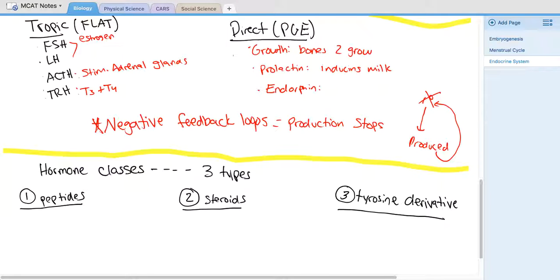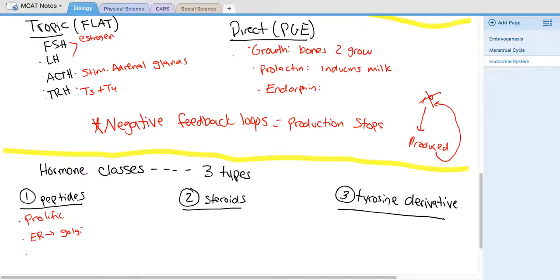All right, so peptides. These are very prolific in your body. These are made in the ER and then shipped to the Golgi for modification.